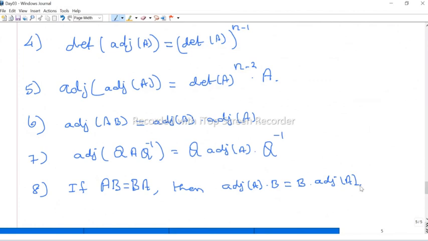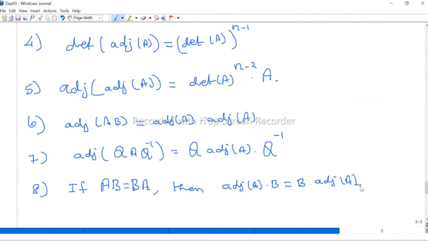You should remember this. And you know Cramer's rule to find the solution of a system of equations with an n by n matrix, so I don't want to discuss that. You already studied it in school days or in UG.